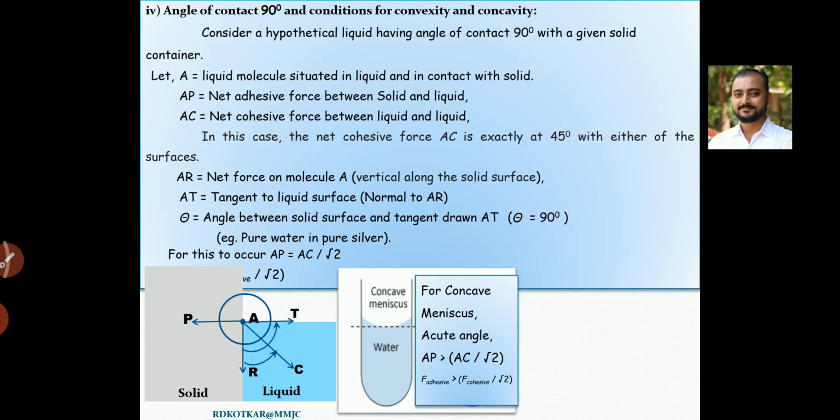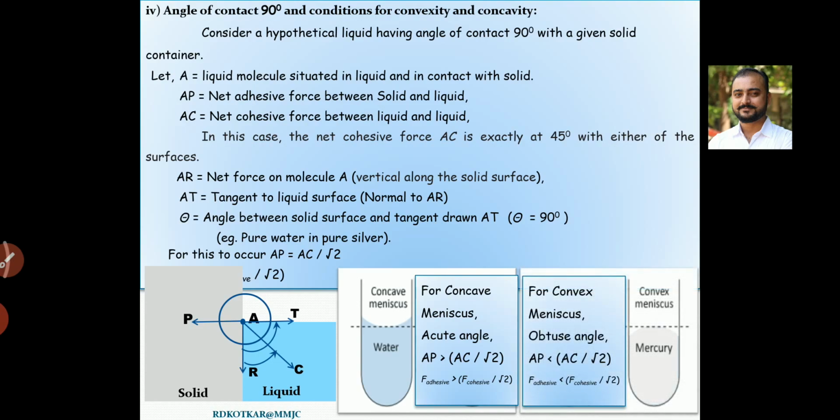Then next is the condition for convexity. When there is a formation of a convex meniscus, the diagram should look like this, and you can say that there is the formation of an obtuse angle.